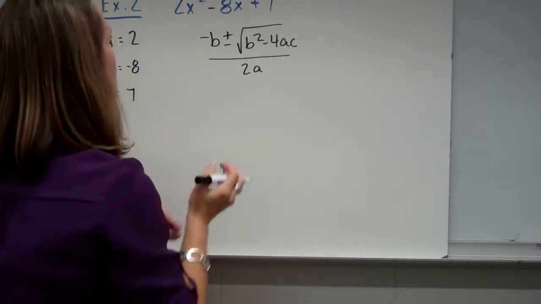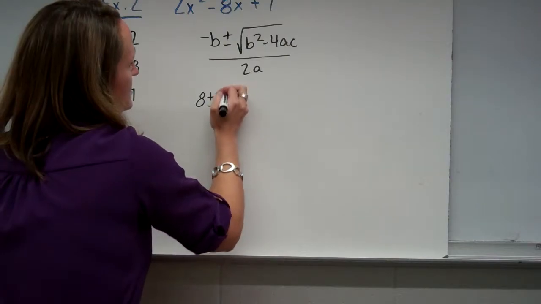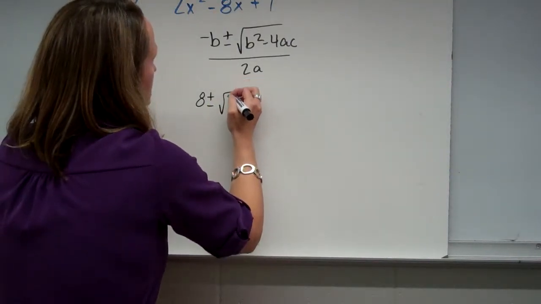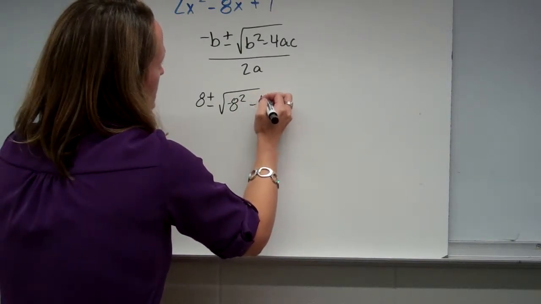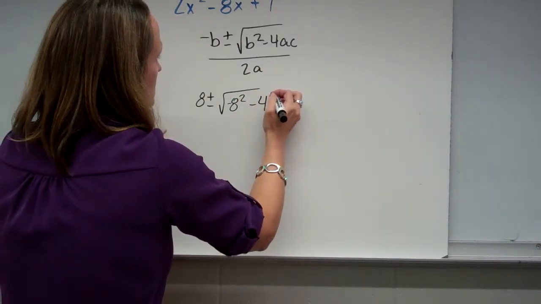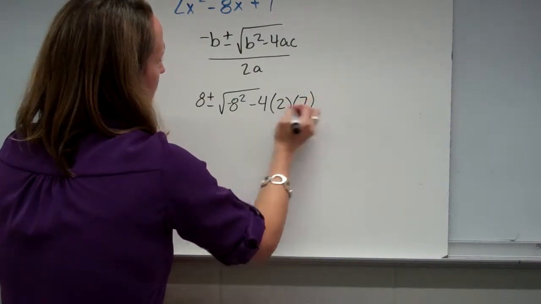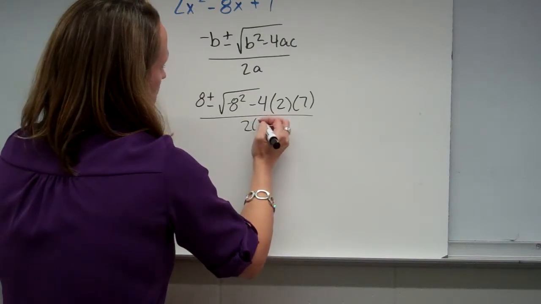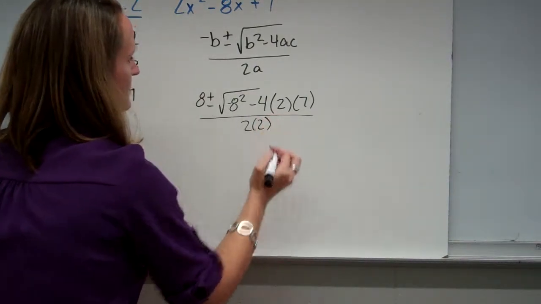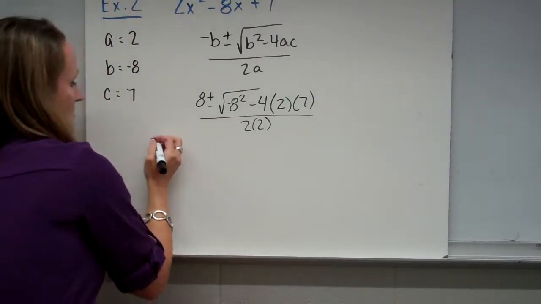All right, so we have 8 plus or minus the square root of negative 8 squared minus 4 times 2 times 7, over 2 times 2. Close parentheses.